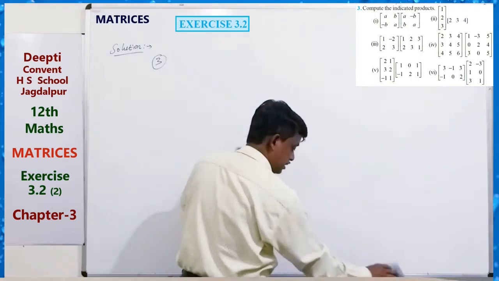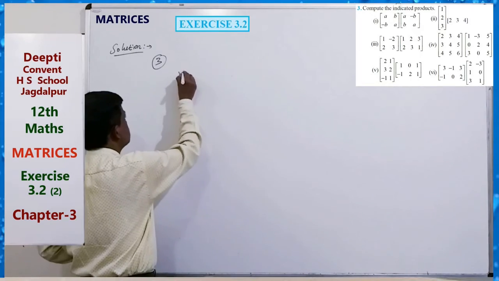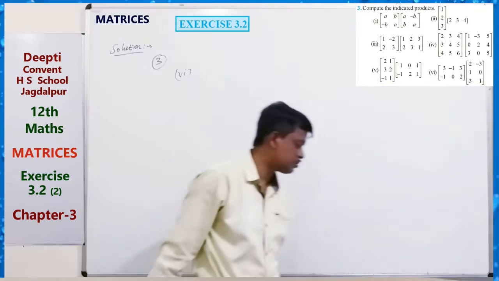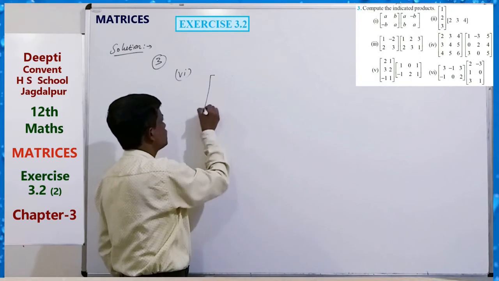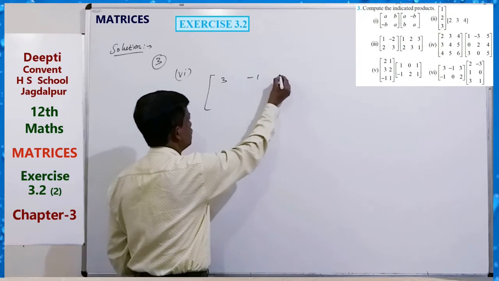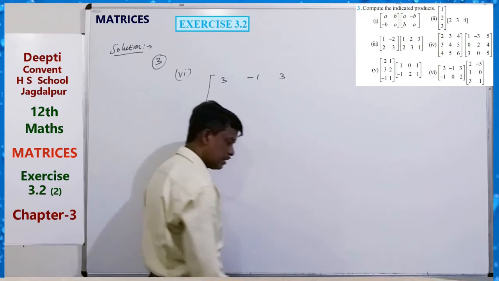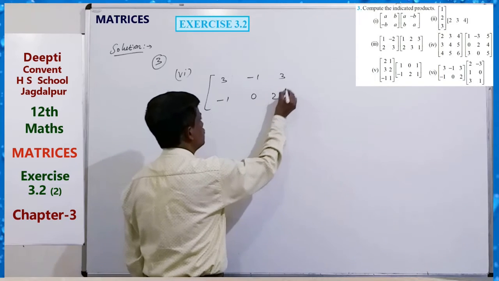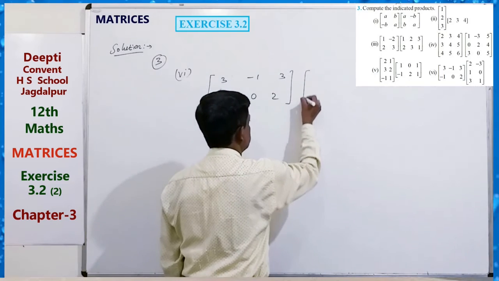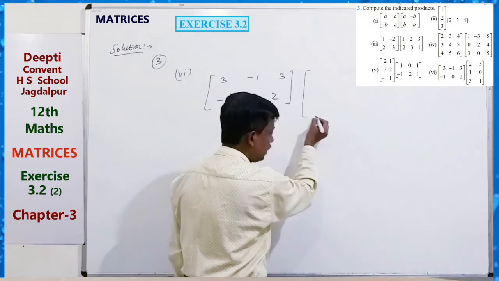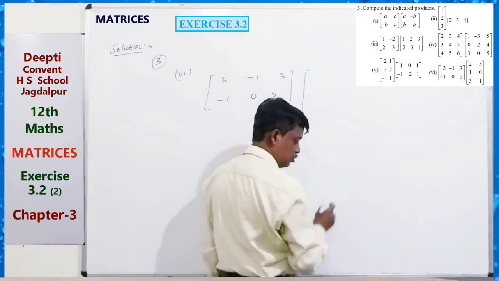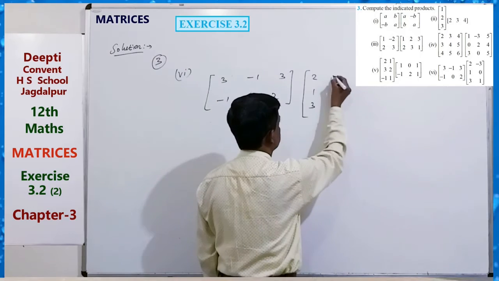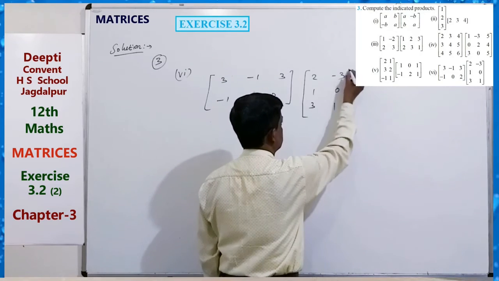In the sixth part, what is given? The first matrix is 3, minus 1, 3, and minus 1, 0, 2. And the second matrix is like this: 2, 1, 3, and minus 3, 0, 1.